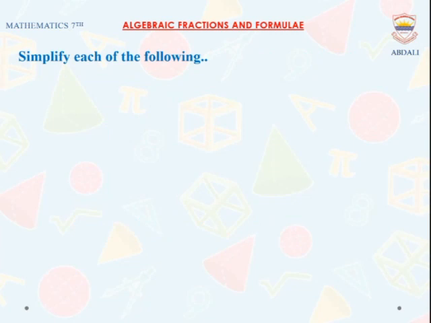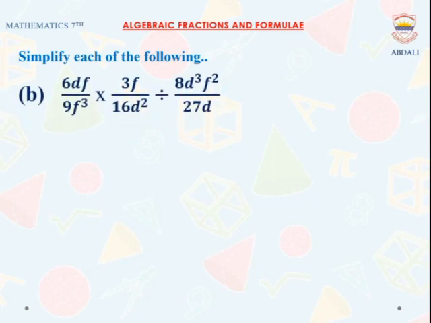So here is another question, which is also about simplification of the following. The statement is 6df by 9f cube multiplied by 3f by 16d square divided by 8d cube f square by 27d.